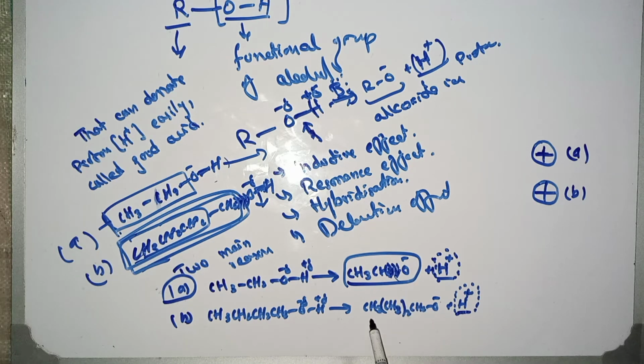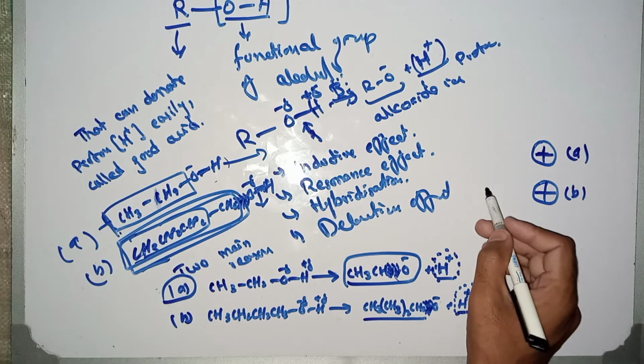But in the case of a four carbon chain, it will have more effect, more tendency to increase the electron density on this oxygen atom. So the electron density on the oxygen in butoxide ion will be much greater.